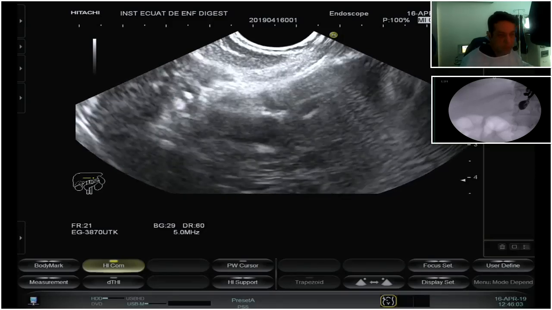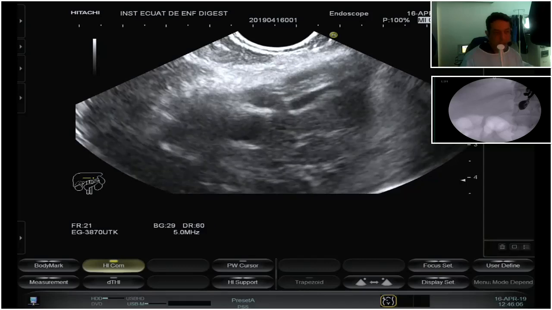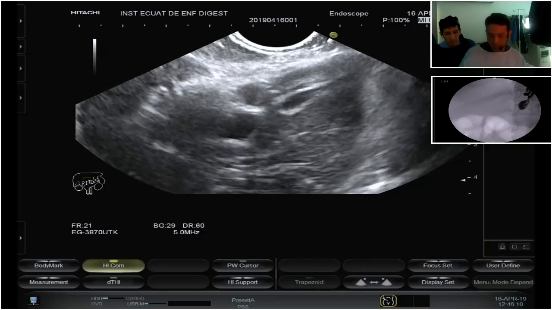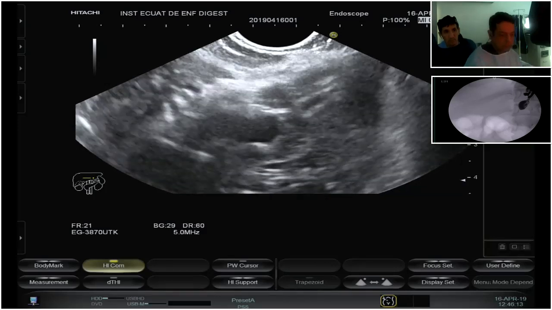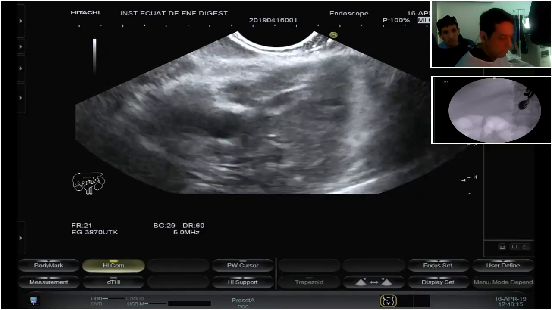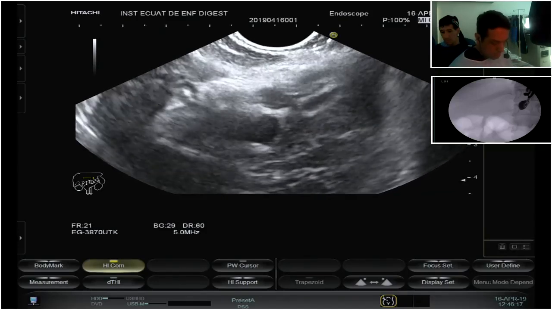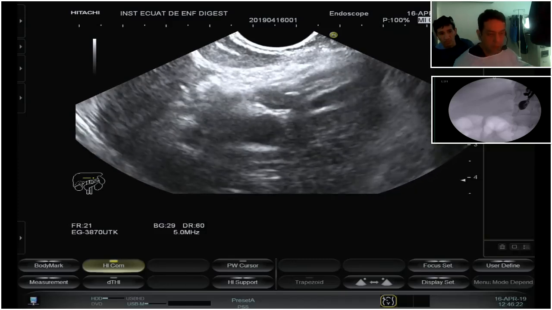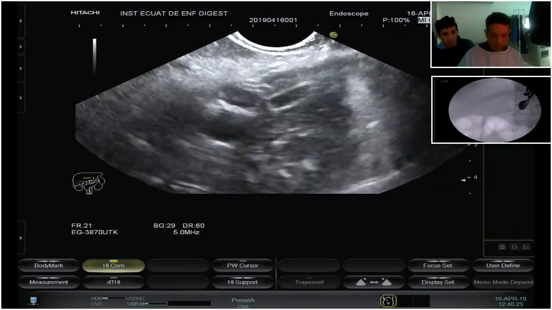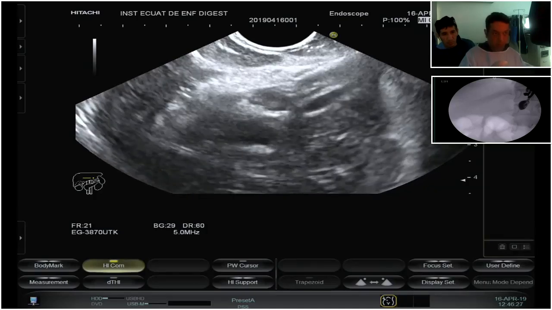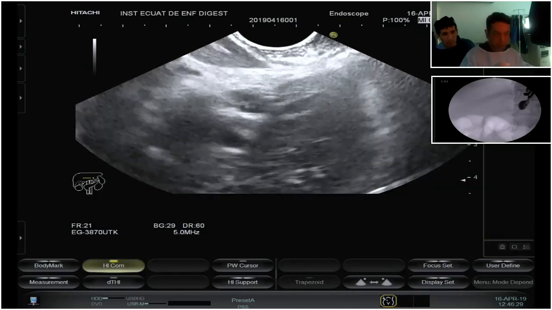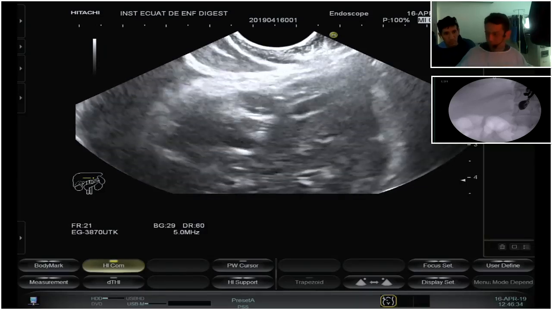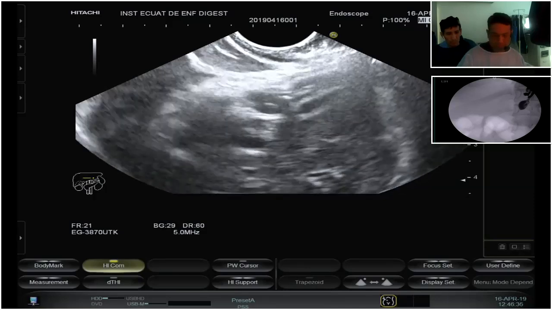So there is blood. I am inside a vessel. I am not good. I need to clear here, clean. Throw that away. Give me saline solution, please. Here.